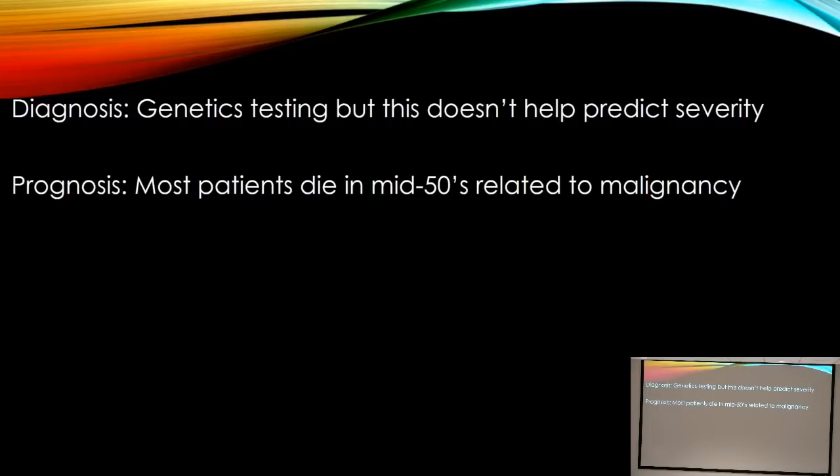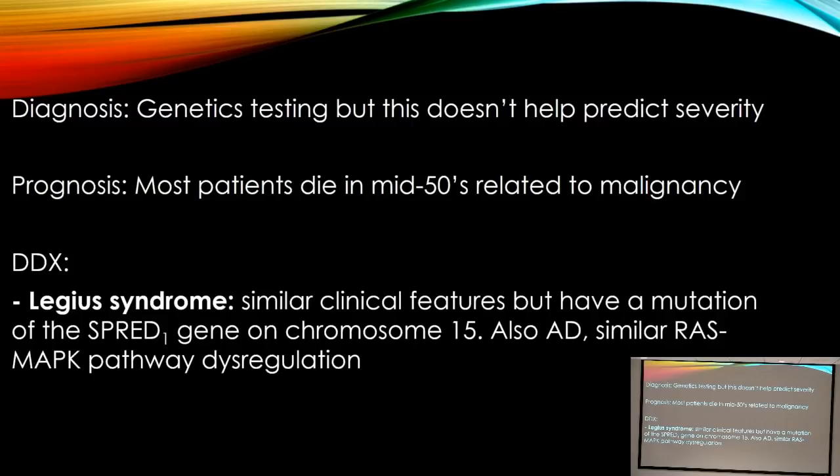And there isn't great data on this, but on death certificates, some form of malignancy is listed as most common reason for death. Now, one thing that is confused with NF type 1, because it has many of the same features, and I'm not going to go over all the fine details of this, but Legius syndrome looks a lot like NF type 1. They have the café au lait spots and lots of other overlapping features, but it's a mutation of the SPRED1 gene, on chromosome 15.